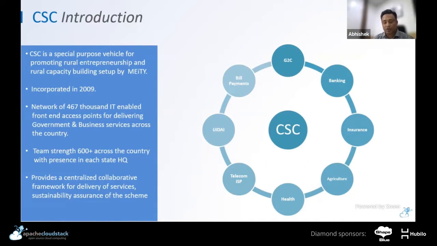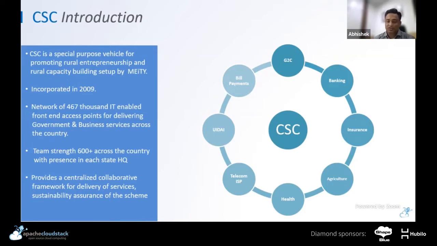However, to bring in more autonomy, the entire project was formed into an autonomous body, termed CSC E-Governance Services and incorporated as a public sector unit organization, though limited by shares.